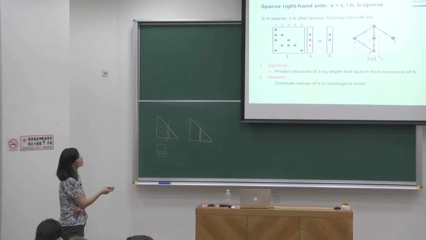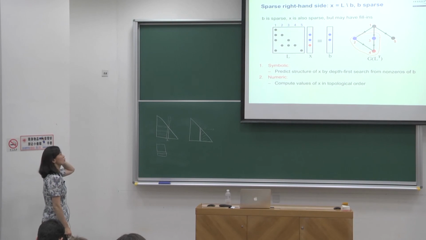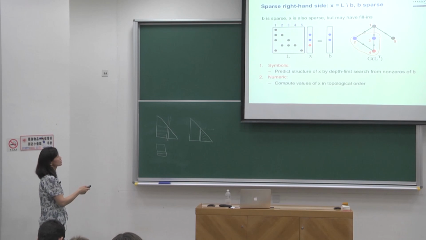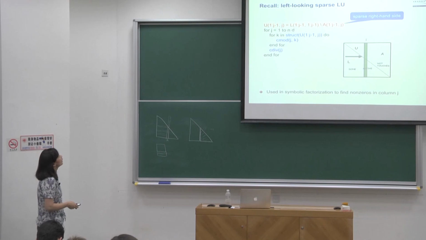So for the sparse right-hand side, you can do something clever like this, and you don't need to do all the calculation with the zeros. Your solution vector, in general, is still sparse. And the time complexity of this algorithm is proportional to the number of flops, so you won't do more than the number of flops.